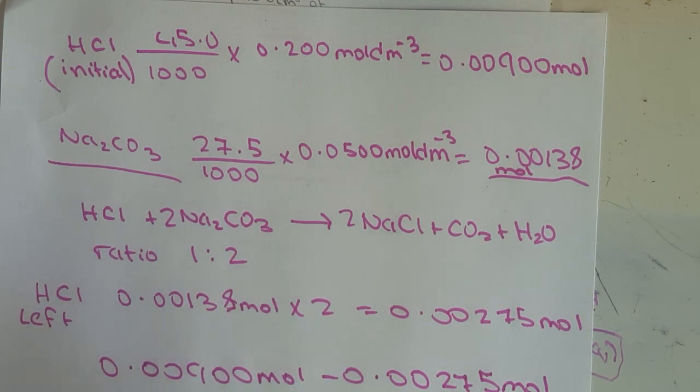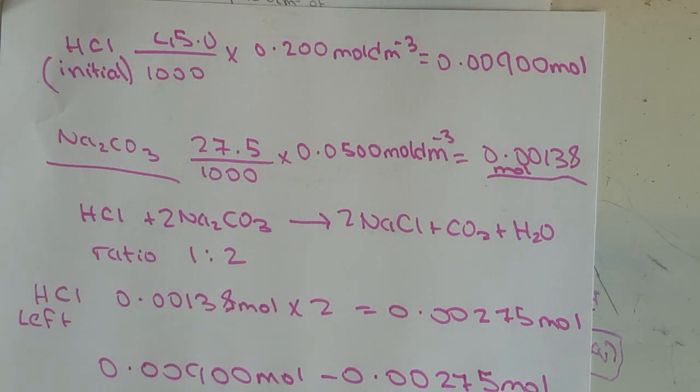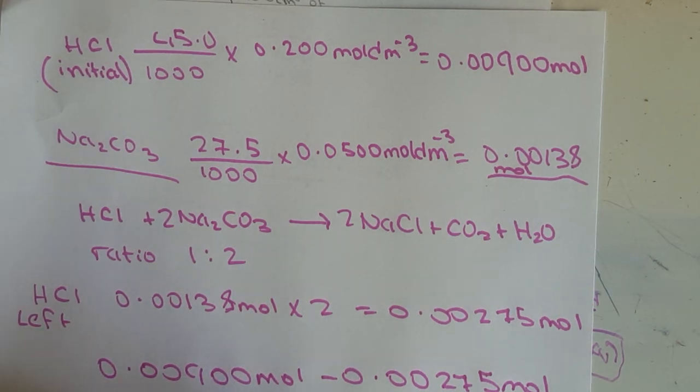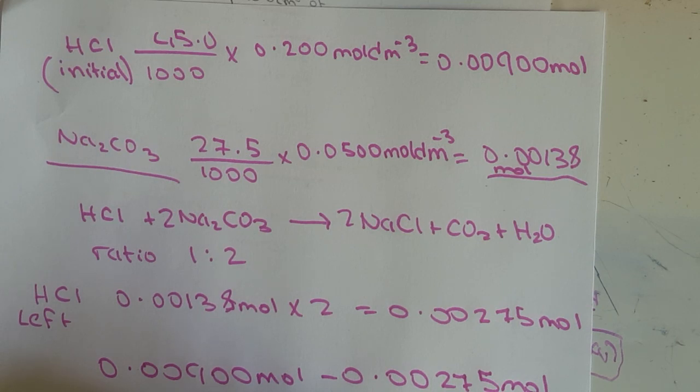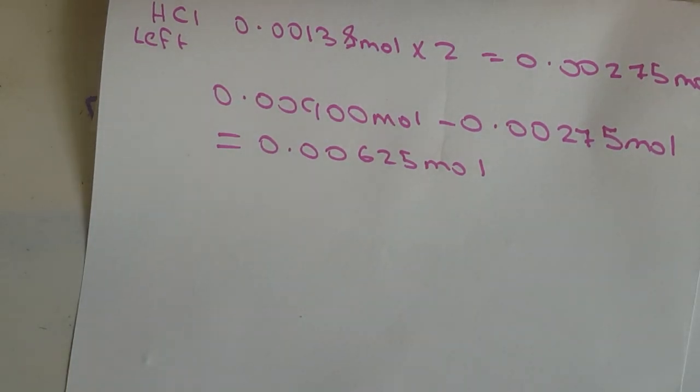You get 0.00625 mol of hydrochloric acid which actually reacted with the ammonia.